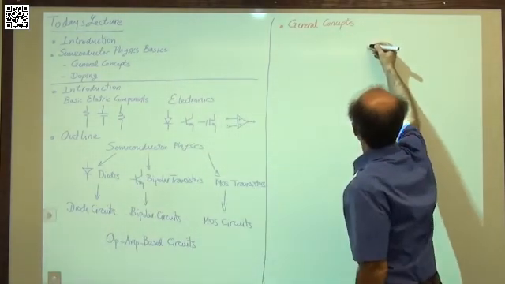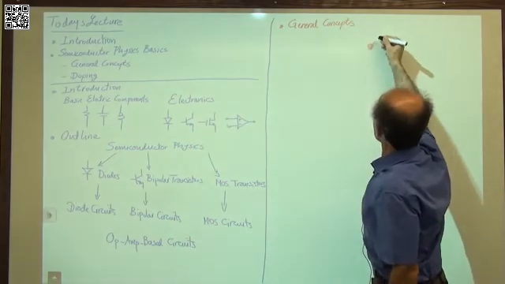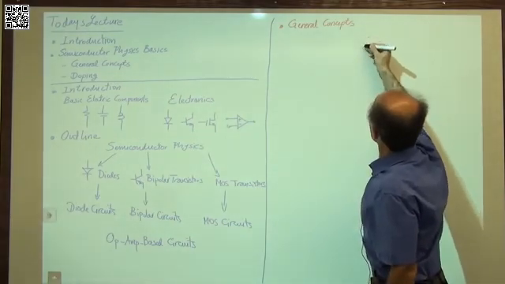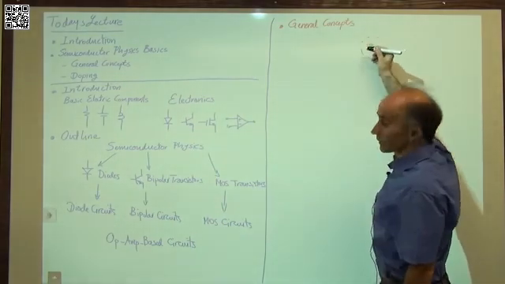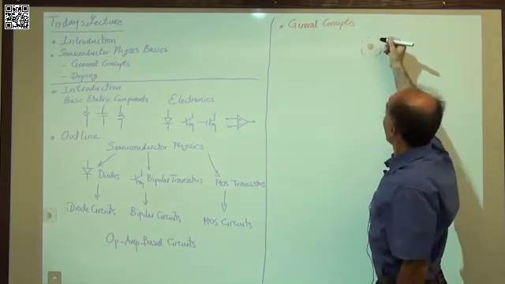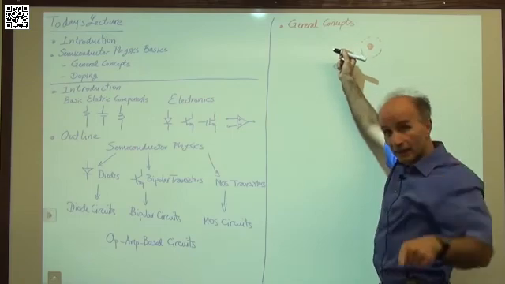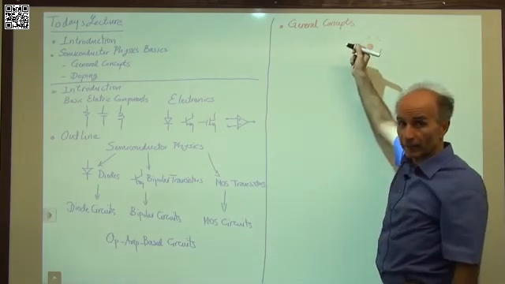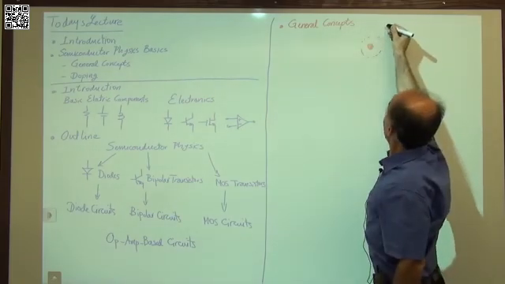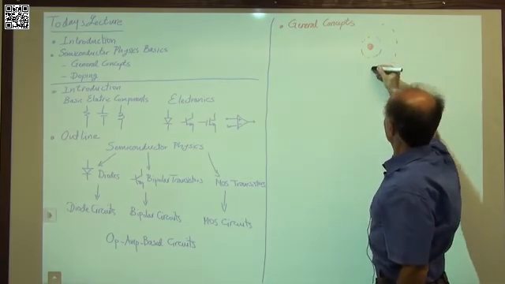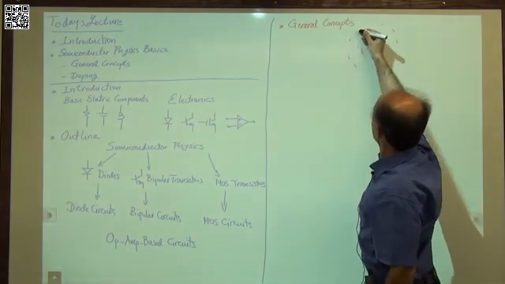And of interest to us, this is the nucleus, and there are electrons in these various shells, or as we call them, orbitals. And of interest to us are the electrons in the last outer shell of the atom. So we have some electrons in the last shell, or in the last orbital.